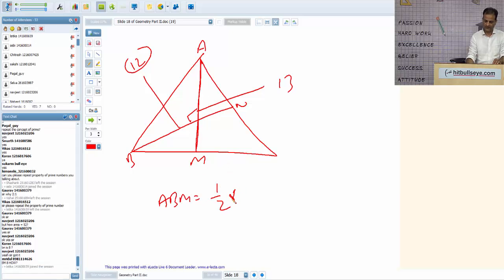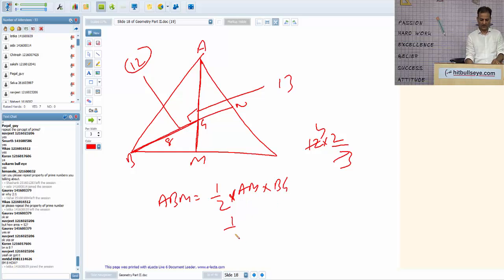AM will be the base, height will be BG, and BG will be 8 because this is median and it divides in 2:1. 12 into 2 by 3, this will be 8. So half into AM will be 13 into BG will be 8.